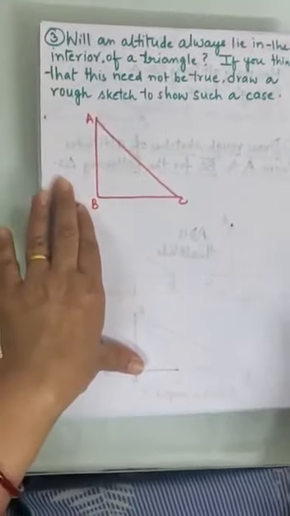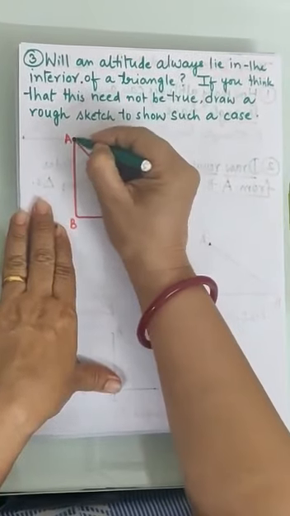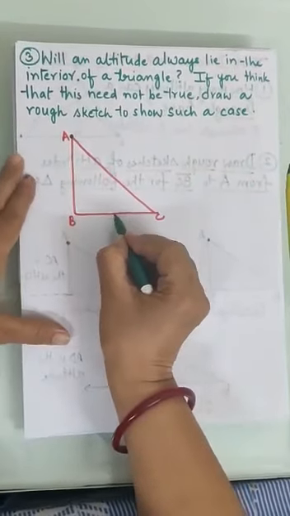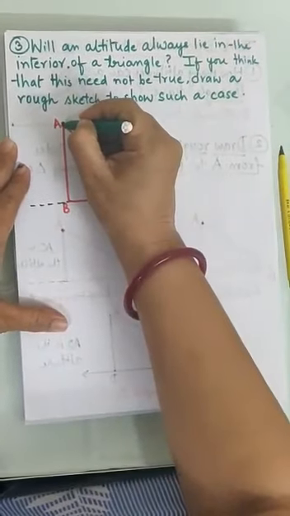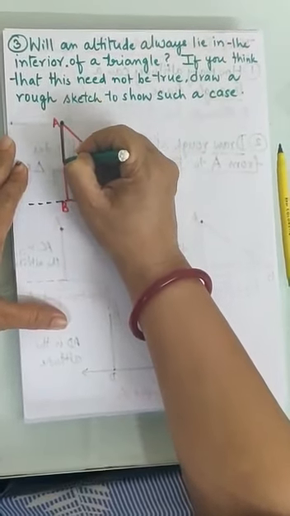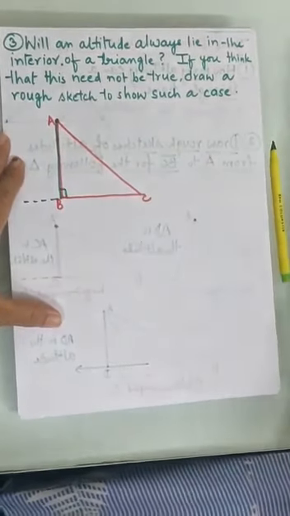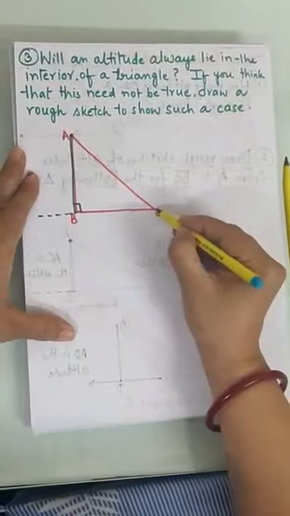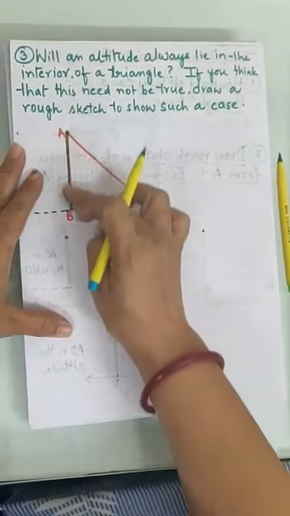Now we have to draw a perpendicular from A to this BC. So what do? We extend this, and when we draw perpendicular from A to BC, it comes like this. Okay. Again, now we take point C, and from C we have to draw perpendicular on AB.